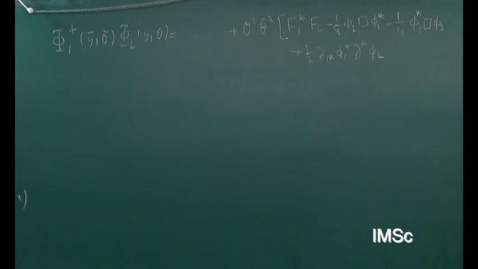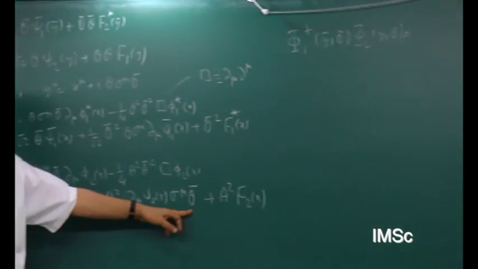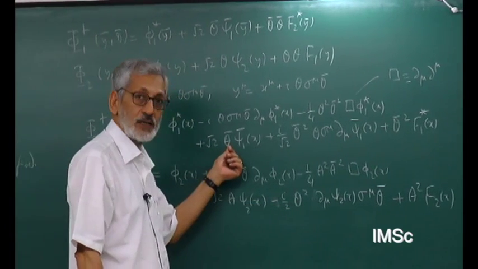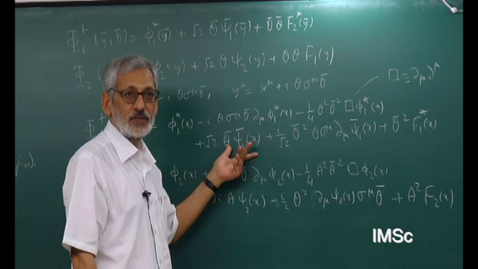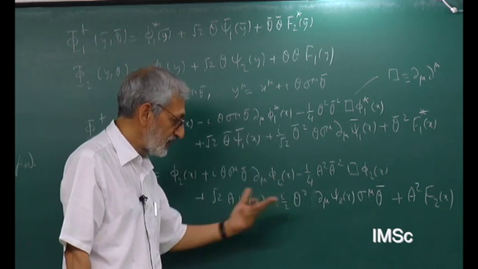Now this is the theta square term times the theta bar. Multiply that with this theta bar. So that becomes 2 thetas and 2 theta bars. Do Fierz rearrangement.